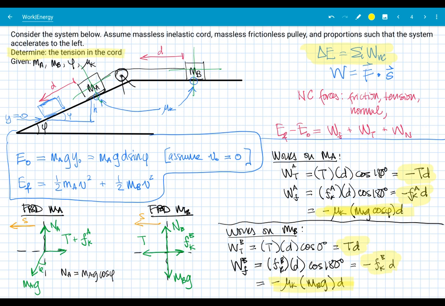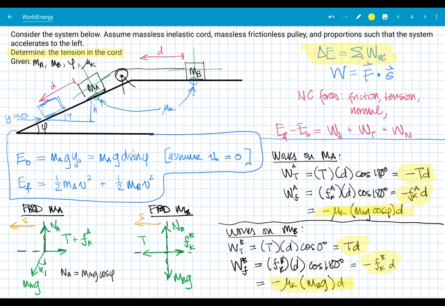Okay, so let's say that we're just going to look at block B here. You might say, why is she choosing block B? I'm just going to choose block B because it's simpler. That's all. Because it doesn't have any gravitational potential energy changes as it slides along to the left. So it's slightly simpler than block A.